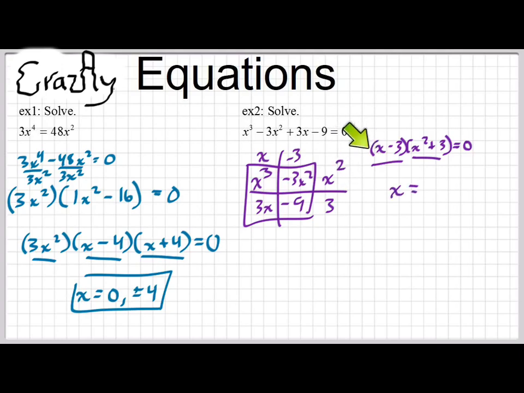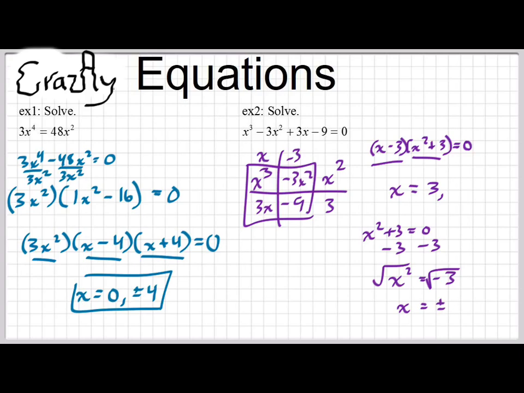This one's obvious. What does x have to be for this factor to be 0? 3. But this one's not so obvious. That's x squared plus 3 equals 0. How do we solve that? Let's subtract 3 from both sides. So I have x squared equals minus 3. That actually can't happen. We're going to get some fake numbers here. They're called imaginary.